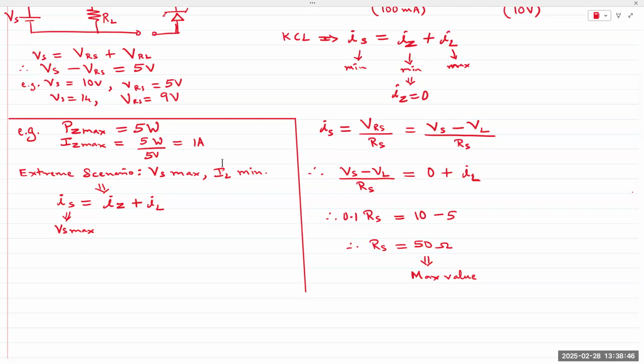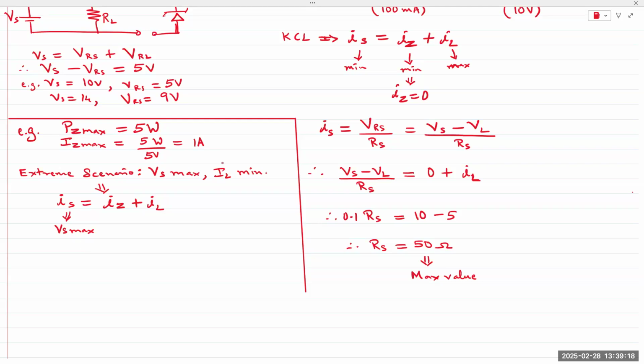Everything must go through the Zener diode. The Zener diode must sink through everything. That's when the Zener diode must turn on and sink all of the excess current. But the extreme case is that it should not exceed 1 amp through that Zener diode. So if supply current goes max and output goes to its minimum, that's when the Zener diode would be at its maximum limit.